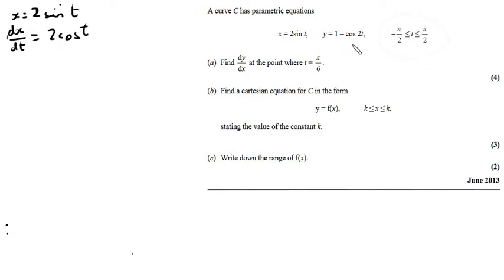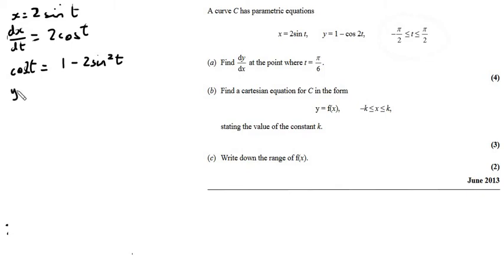Okay, so y. I'd really like to have this angle in terms of t rather than 2t, so what we're going to do is use the double angle formula, that cos 2t is equal to 1 minus 2 sine squared t, and then plug this into y.